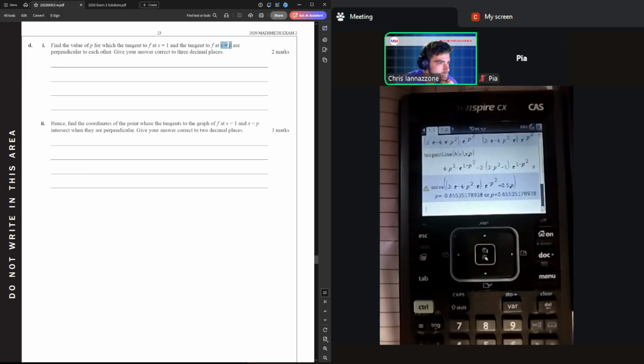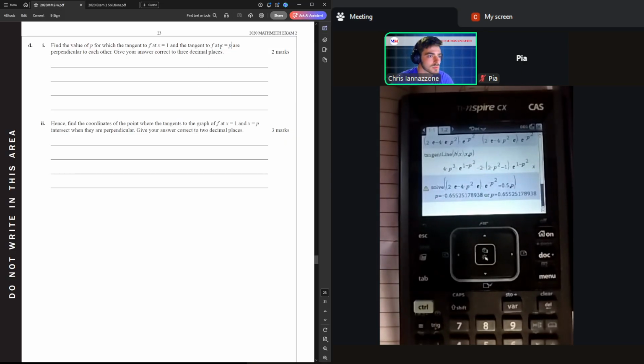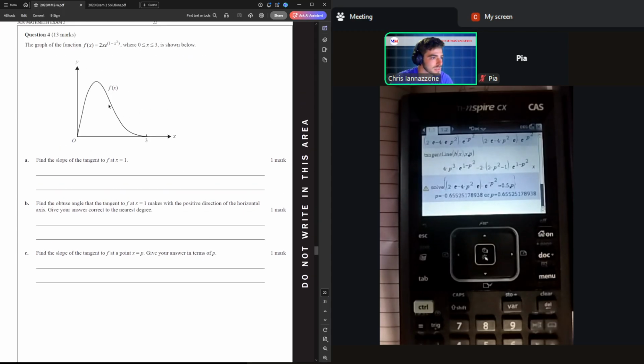Okay, so this x equals p thing told us where we take the tangent. So we can't actually say that this is the x coordinate of the intersection point. That's just where you take the tangent off of the curve. For instance, if you took a tangent from here and from here, those are the two x coordinates you took them from. Where they intersect would be somewhere like out here, perhaps.